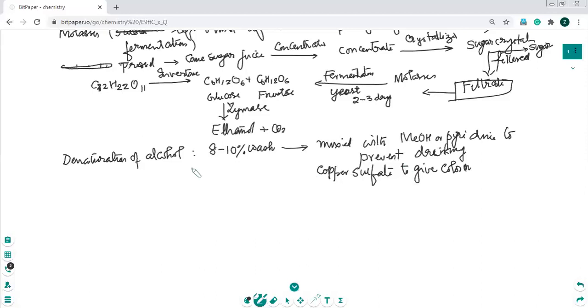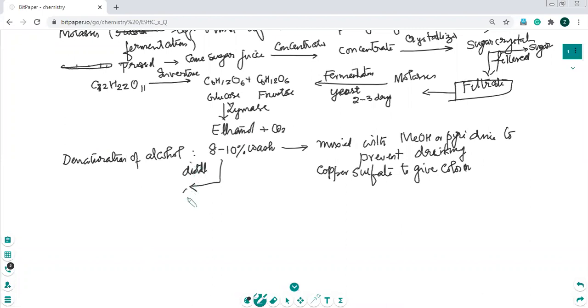Now I told you, after the isolation of this 8 to 9%, you take this wash and distill. What is meant by distillation?